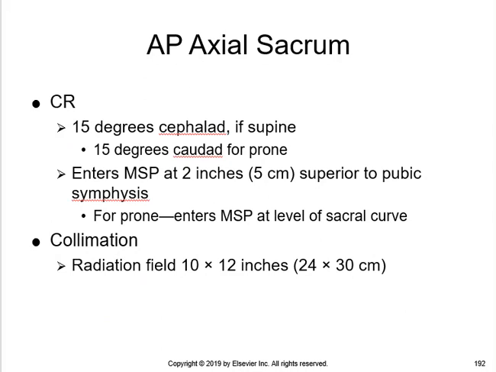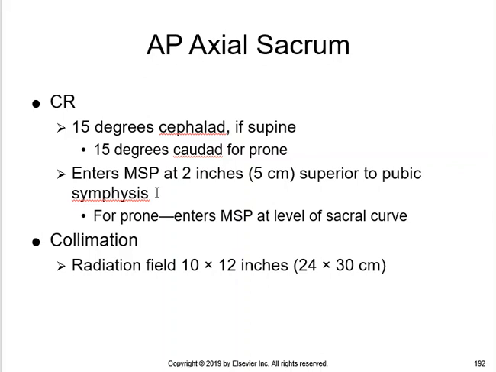So for the AP sacrum, you're going to angle 15 degrees cephalic, and that would be 15 degrees caudad if the patient was prone. But where you're going to enter is 2 inches superior to the symphysis pubis. So again, the distance between the symphysis pubis and the ASIS is about 4 inches, so 2 inches is right in the middle.